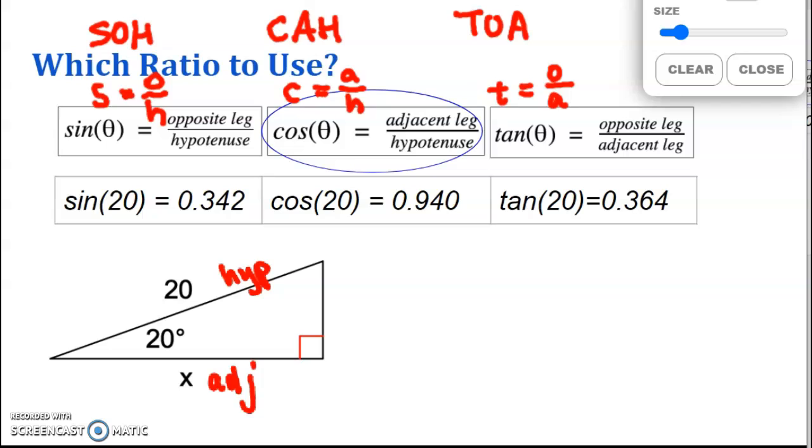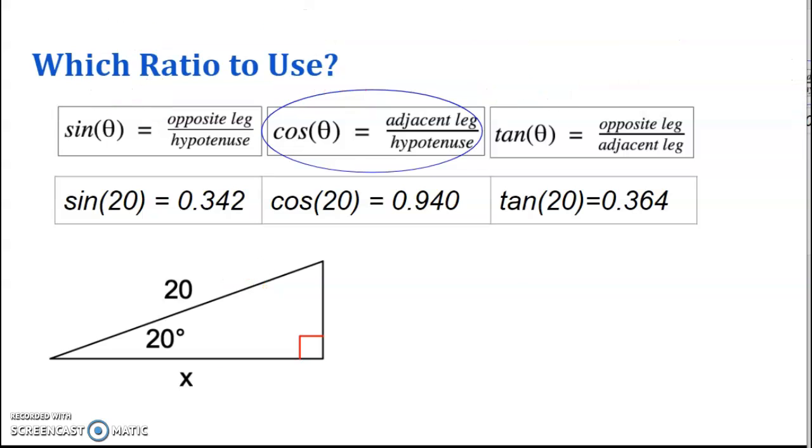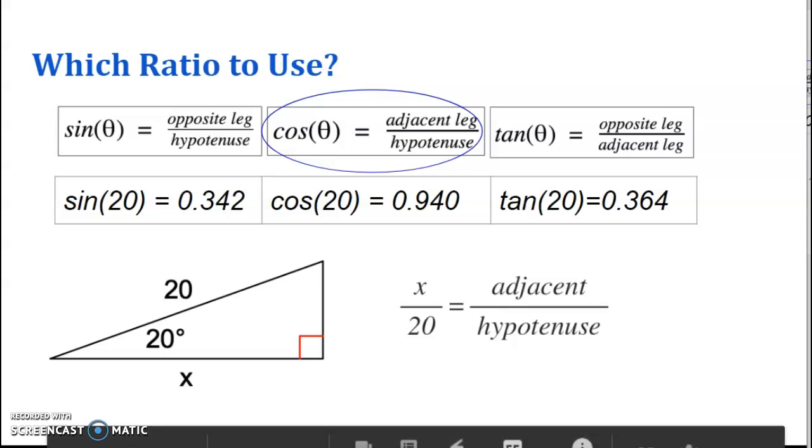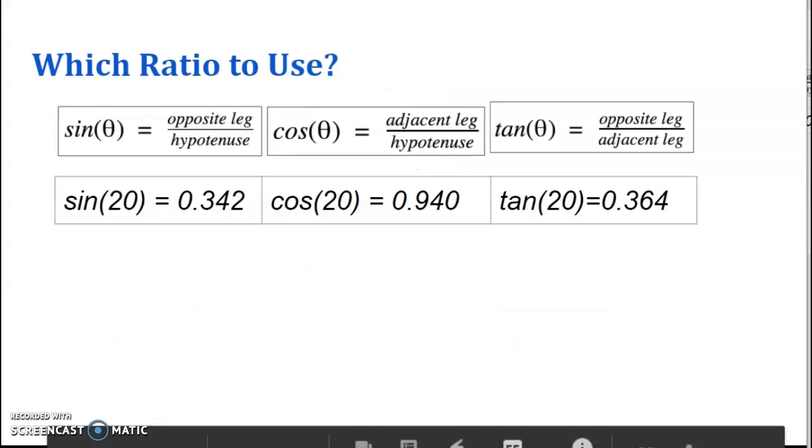So that would be the one that we would use. We would say x over 20 is 0.940. Then you can solve for x by multiplying both sides by 20, and you get x is equal to some number.